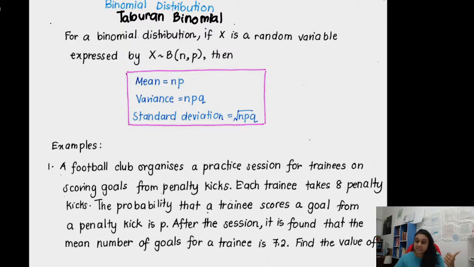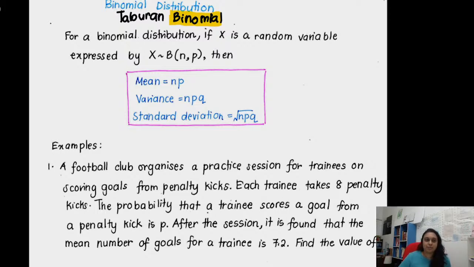You will get heads or tail, and you might throw maybe 100 times. When you do an experiment a big number of times, kita akan masuk dalam taburan binomial. Clear? You must know the difference: when to use binomial, and when to use the graph or tree diagram.